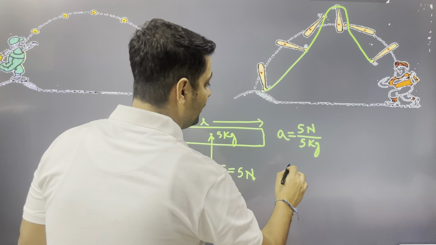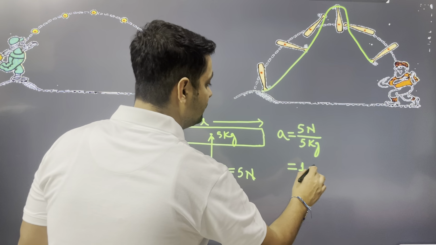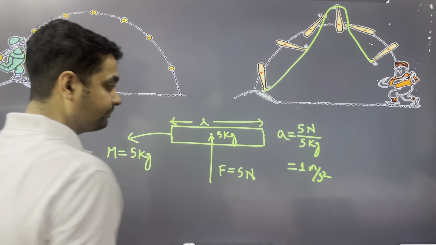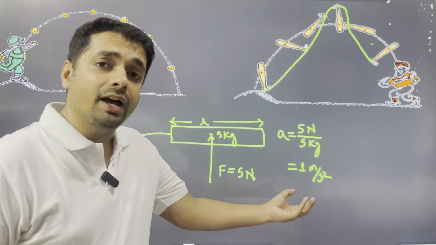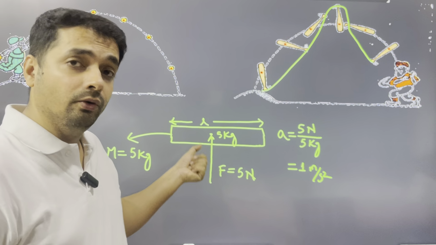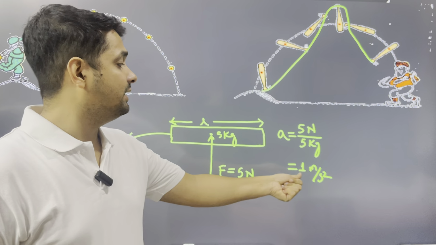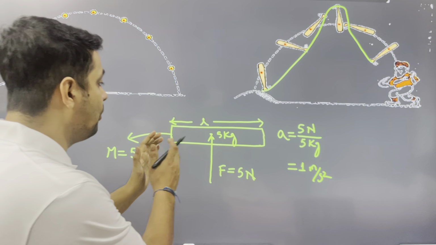It can be written as 1 meter per second square. Now, is this 1 meter per second square only the acceleration of this point? No. This 1 meter per second square is the acceleration of the whole body.